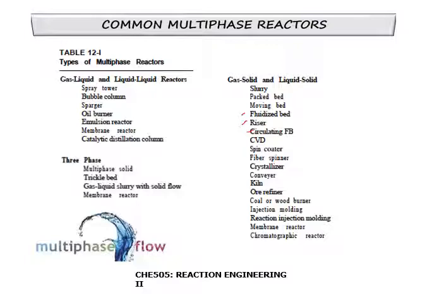CVD is chemical vapor deposition reactor, spin coater, fibers, spinner, crystallizer, conveyor, ore refiner. You can just read all of this and get more information on Google or YouTube. And these are examples of three-phase multiphase reactors: solid, trickle bed, gas liquid slurry with solid flow, and also membrane reactor.